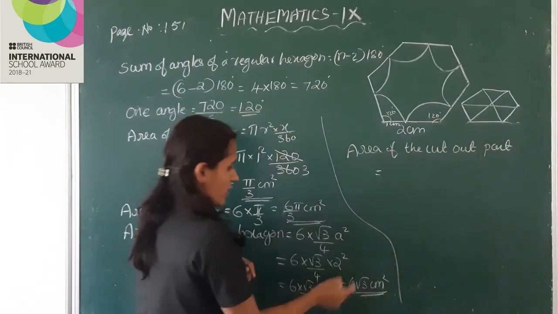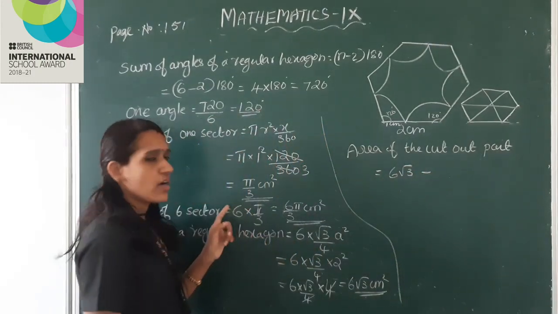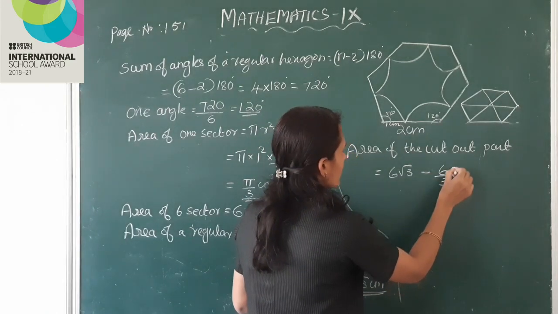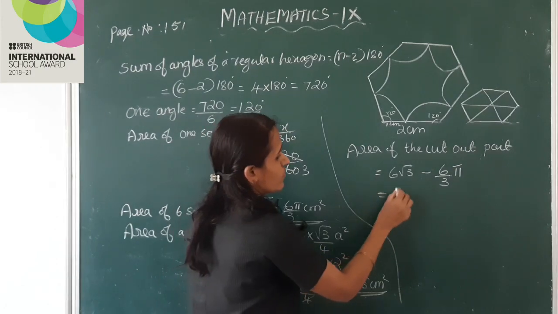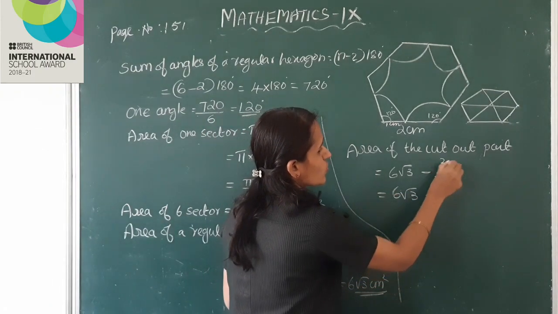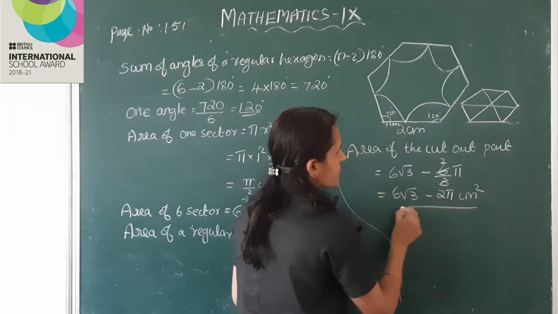So area of regular hexagon is 6 root 3 minus area of 6 sectors is 6 by 3 pi. This is equal to 6 root 3 minus 2 pi centimeter square.